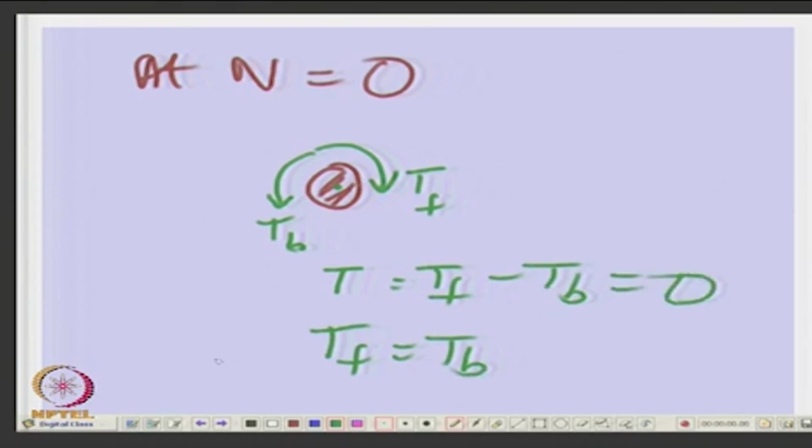Therefore, this is 0, right. Forward torque is the same as backward torque. So, this is a very simple physical explanation, right. You look at the field and the field will be in the same direction. So, this is one thing we can have.